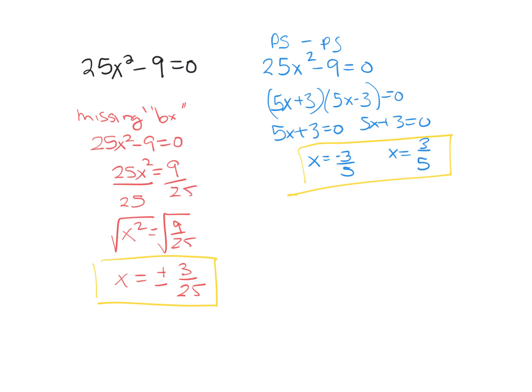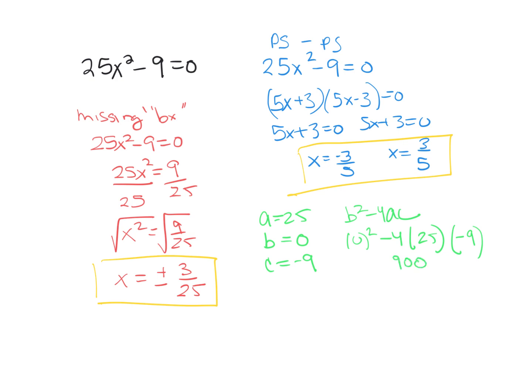You could even, if you wanted to, say that a is 25, that b is 0, and that c is negative 9, and you could do the quadratic formula. So we'd start with our discriminant, b squared minus 4 times a times c, which would give us 4 times 900... I mean 4 times 225, that is 900. A positive discriminant tells us to keep going and find our x-intercepts.